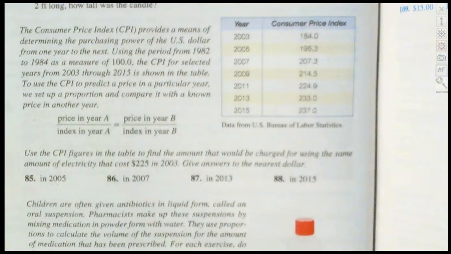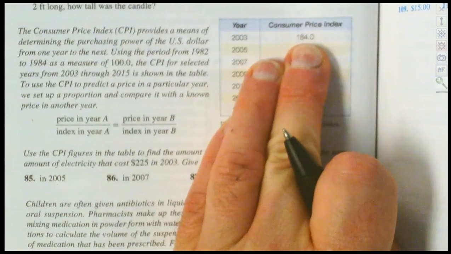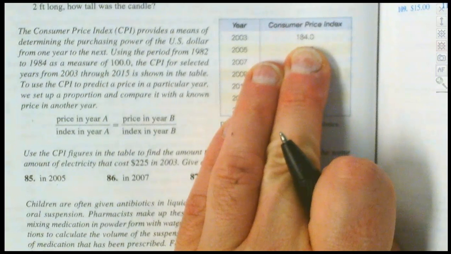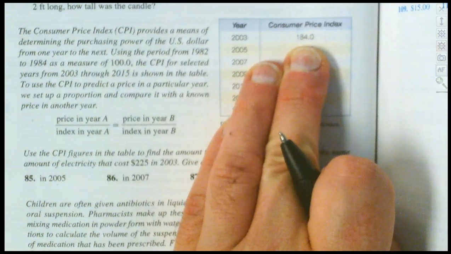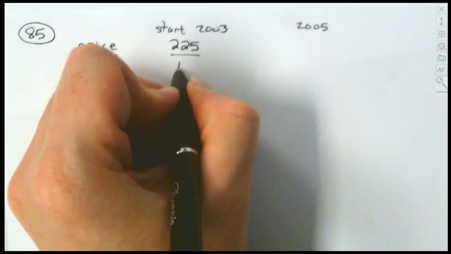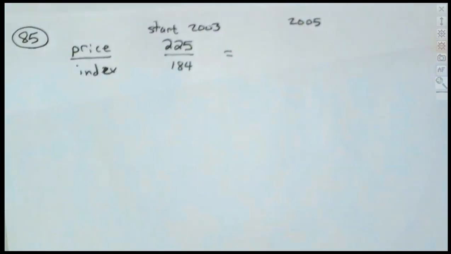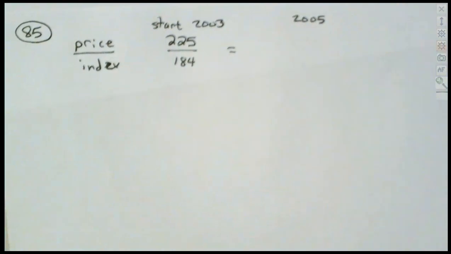Now we go up to our table and find our index. What's our consumer price index for 2003? Our consumer price index is 184. So we'll put the 184 with the index here. What about 2005?